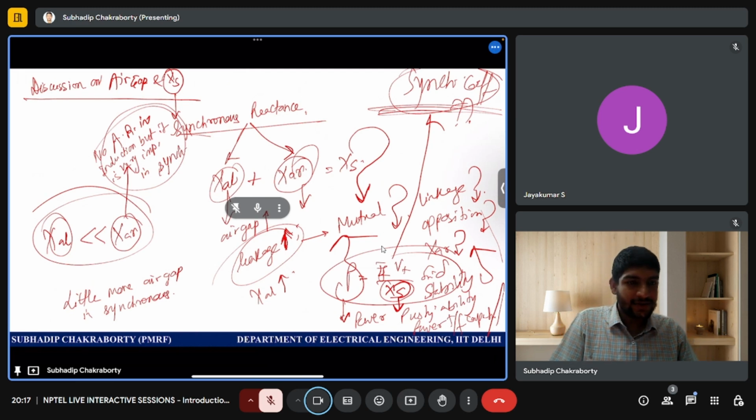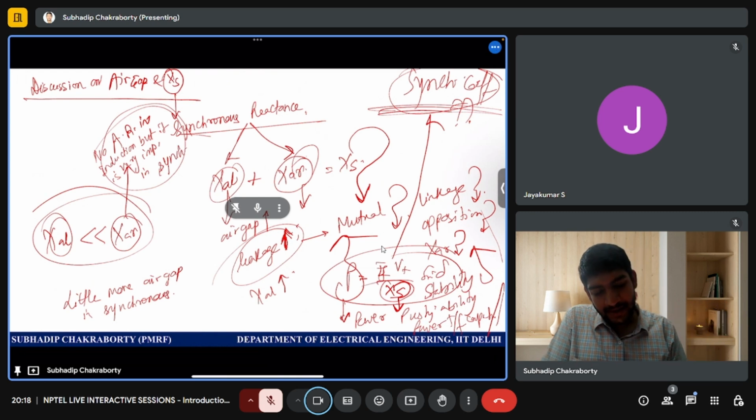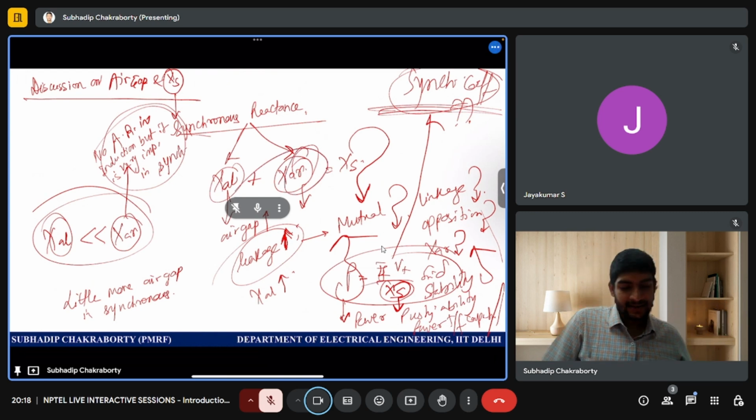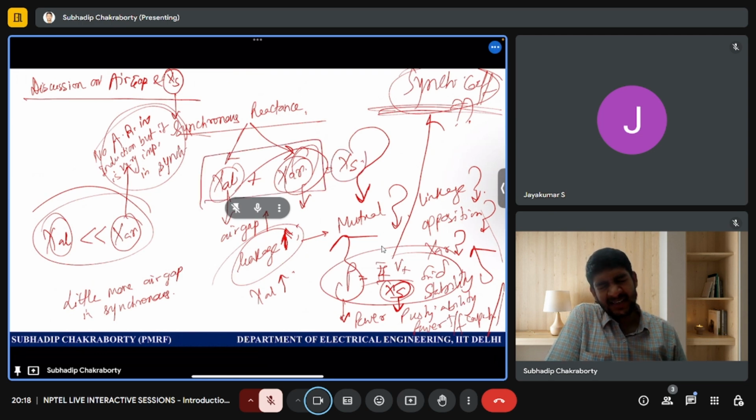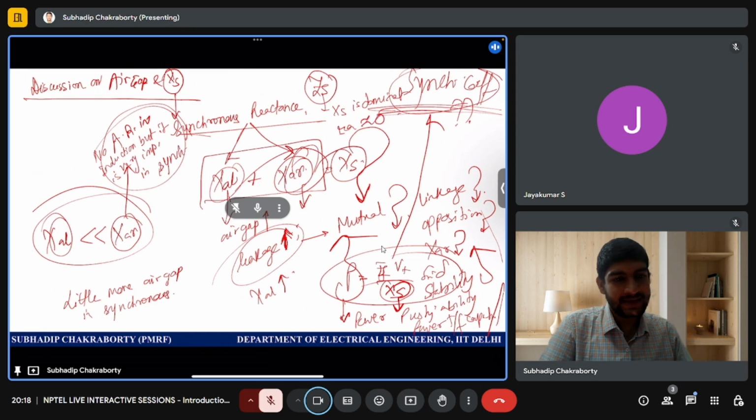But it still is a dominant phenomenon, and that's why we are incorporating that flux, that additional component, by the term XAR, and totally we term it as synchronous reactance, right? And in ZS, XS is dominant. So RA is almost desired to be 0 for two things. One thing is to make the loss in the stator, the active copper loss, almost negligible.